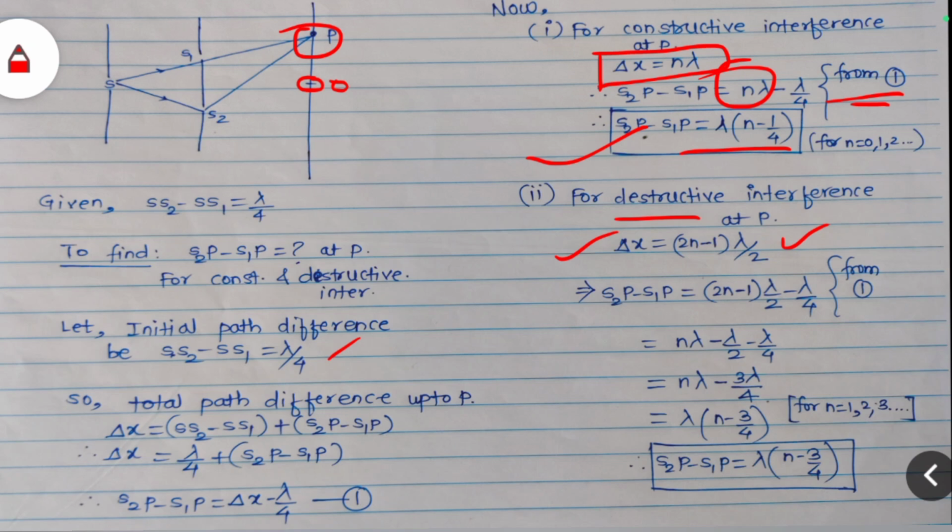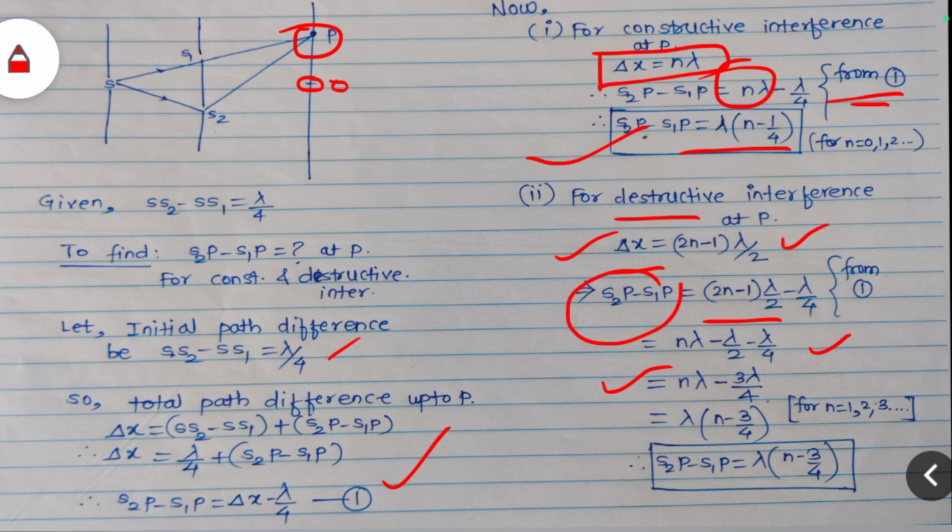So again, from equation number 1 I will substitute the value of delta x. I have just replaced the value of delta x here, and done some rearrangement, meaning I have opened the bracket here. So I will just solve it. After solving this I am going to get lambda multiplied by (n minus 3 by 4). So what is this?